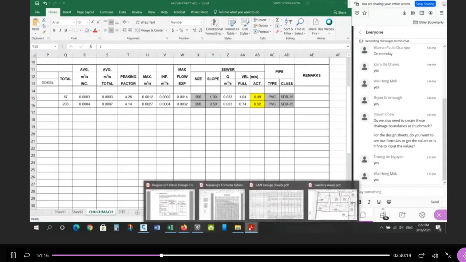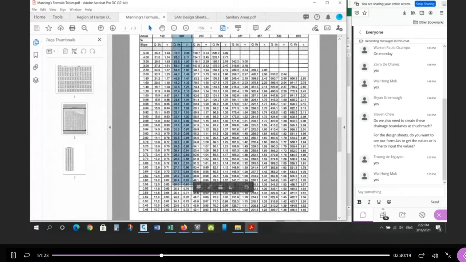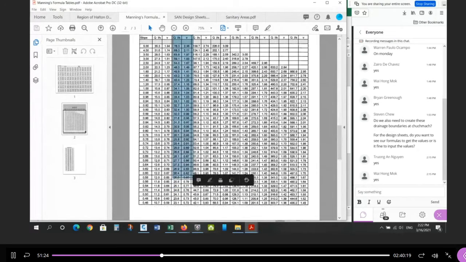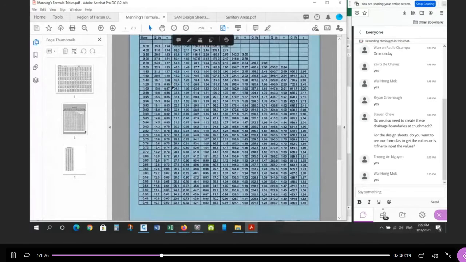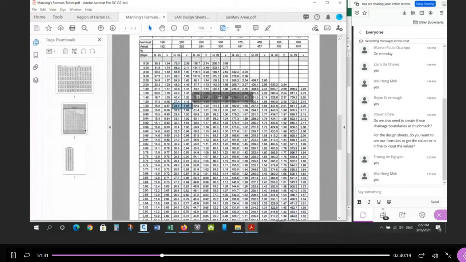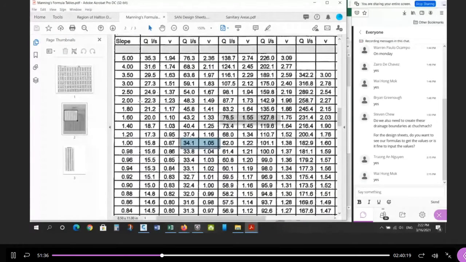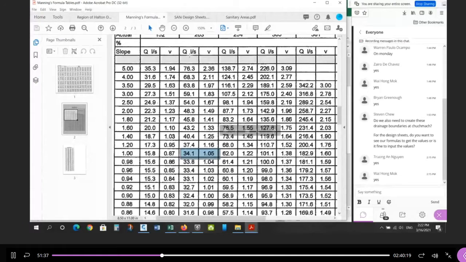So let's go back to this and look at a 200 pipe at 1%. A 200 pipe at 1% is right here. The first number is Q, the second number is V. Now notice this flow is in liters, so you have to either multiply the spreadsheet by 1,000 or divide this by 1,000.